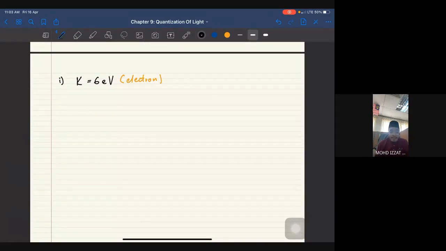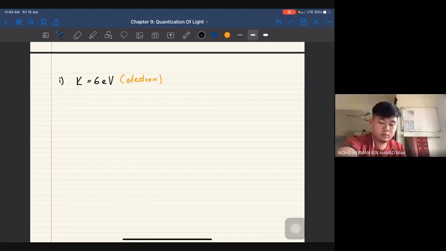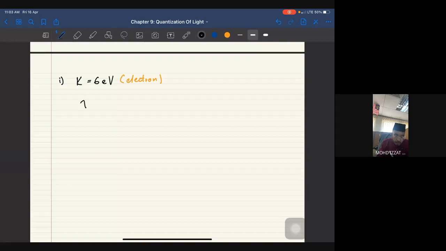So basically soalan ni actually adalah chapter 10. Tapi dia mix up dekat dalam soalan chapter 9. Dulu dia memang selalu buat macam ni. H over square root 2me tu, okay, betul? So dia actually ada two formula je for chapter 10.